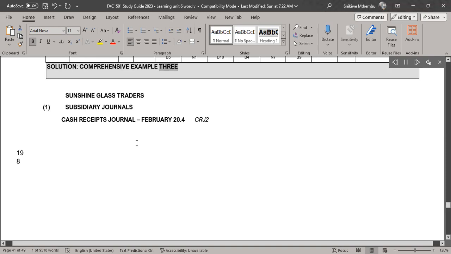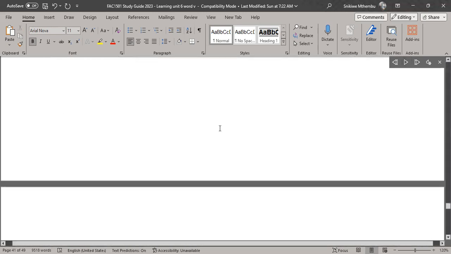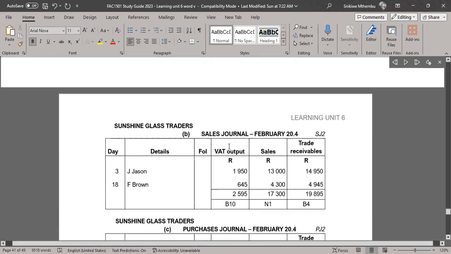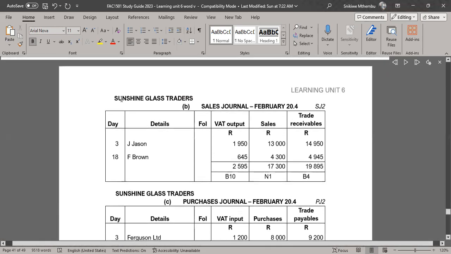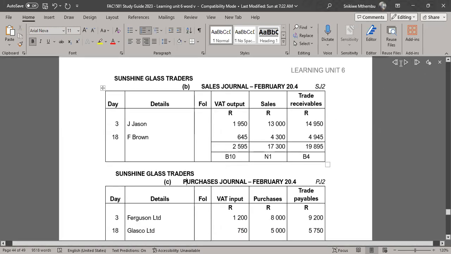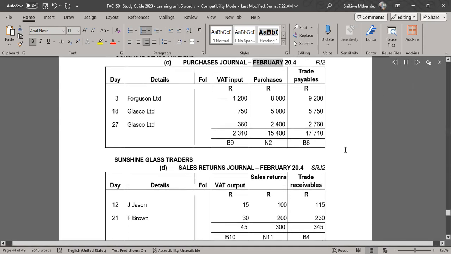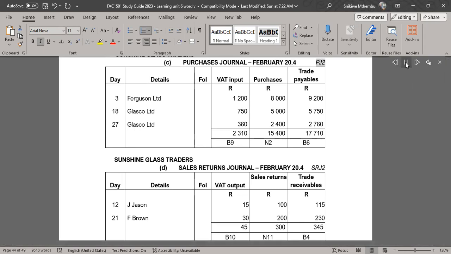Solution, Comprehensive Example 3. Sunshine Glass Traders. 1. Subsidiary journals. Sales Journal, February 20.4 SJ2. Purchases Journal, February 20.4 PJ2.